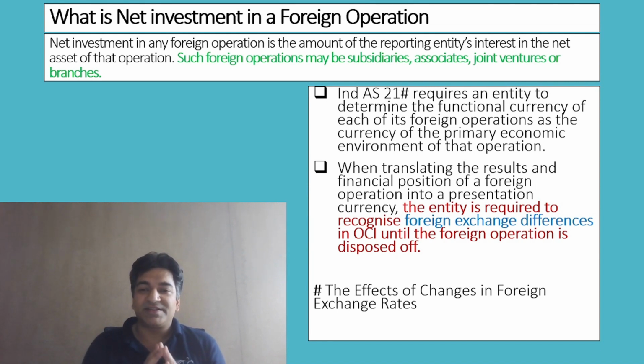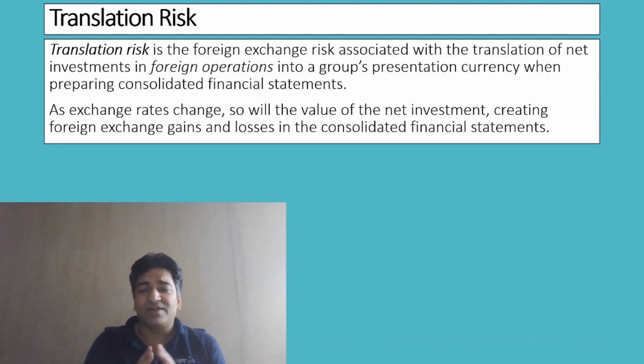When the foreign operation is disposed of, these foreign exchange differences, which were earlier recognized in OCI, will be reclassified to profit and loss. So guys, in short, these foreign exchange differences will be recognized in other comprehensive income until the foreign operation is disposed of, and when it is disposed of, they will be reclassified to profit and loss. So what exactly is translation risk?